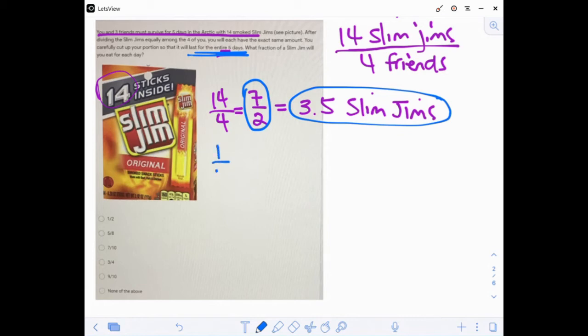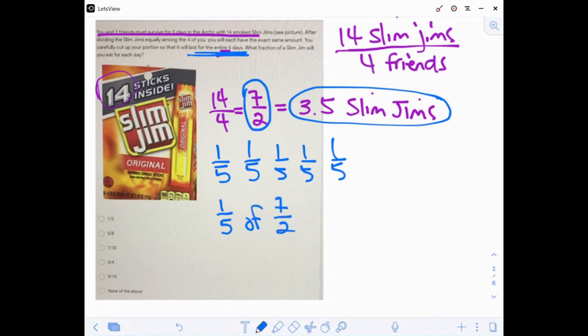So I have 1/5, 1/5, 1/5, 1/5, 1/5. Those are my 5 days. So if I have 1/5 of the 7 halves, that's how much I'm eating each day. 1/5 of 7 halves.